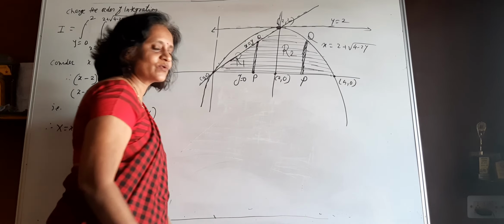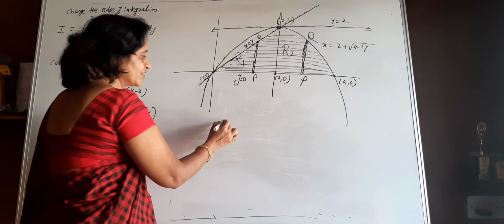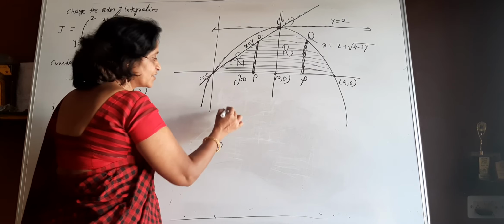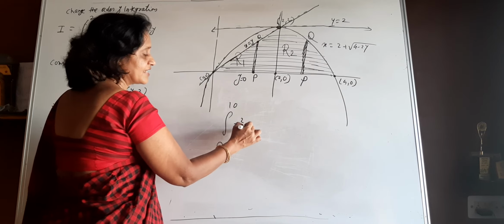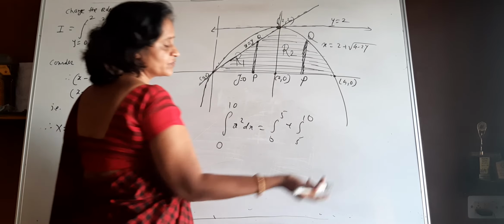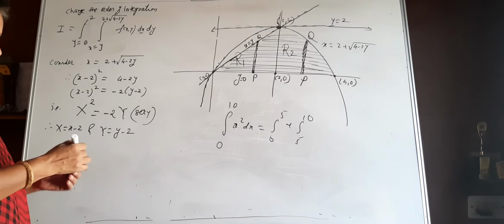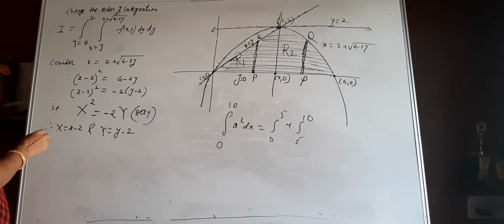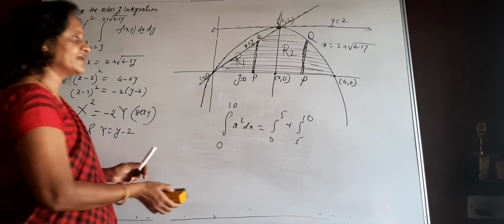It is (2, 0), and it is just like when you had an integration, say from 0 to 10, you are integrating x square dx. You know this is 0 to 5 plus 5 to 10. You know it. What I have done in integration of one variable, same way I have here now.